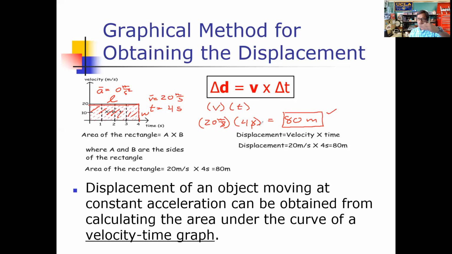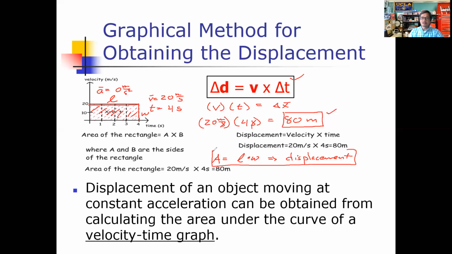So the area underneath that rectangle, which is length times width, gives you the displacement. The area underneath a velocity time graph, and that's what we calculated here, will give you the displacement, and that's the equation I give you there.